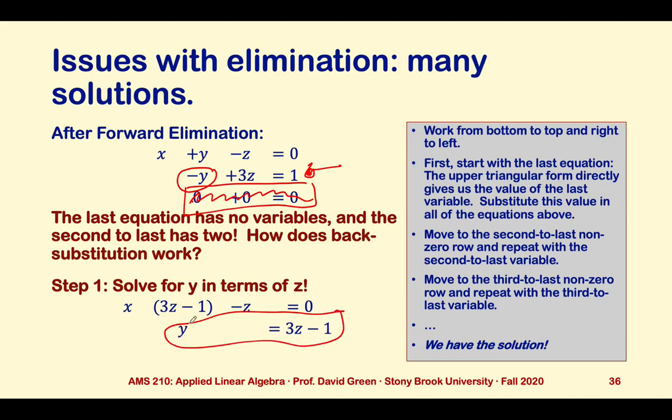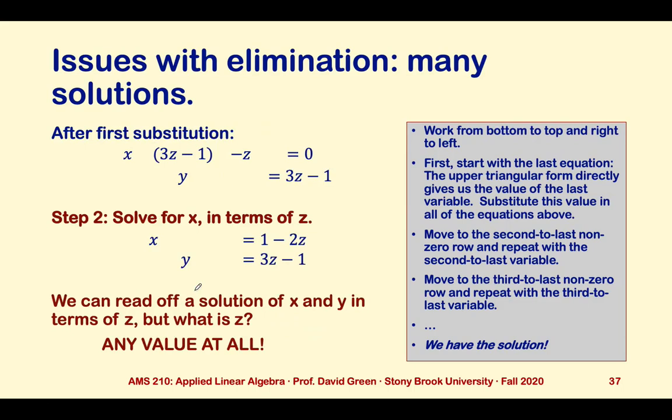After solving for y in terms of z, we can substitute that into the first equation to eliminate y from that piece. So we substitute y for 3z minus 1. Moving forward, we now shift our attention up to the first equation, over to the leading term, the pivot variable in that equation, which is this x.